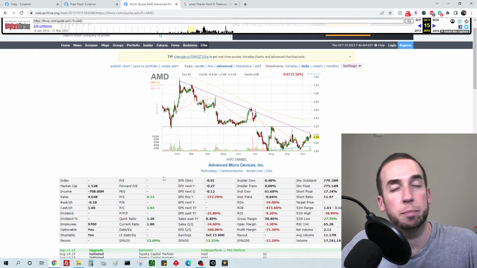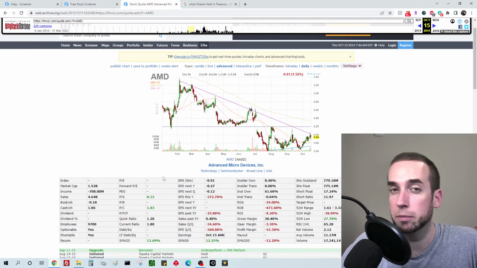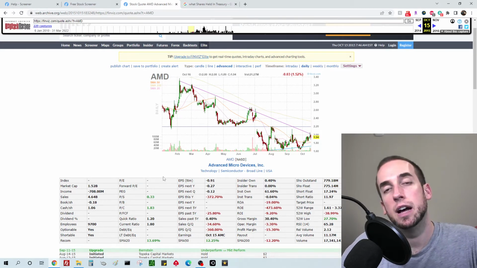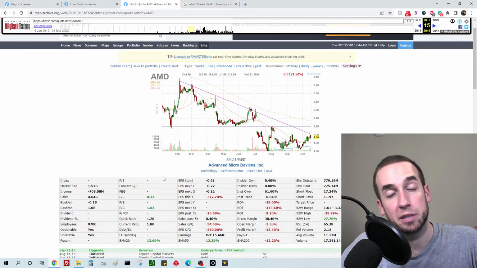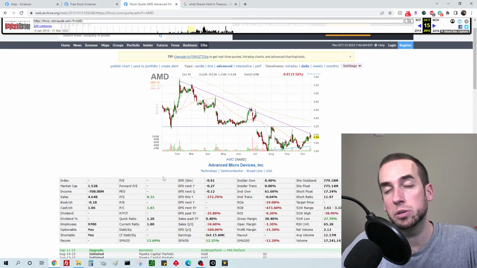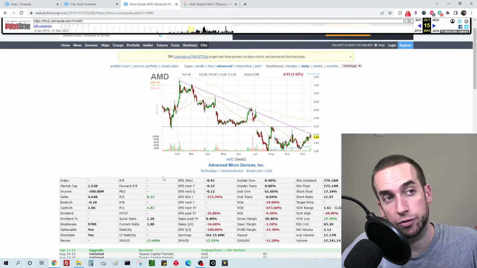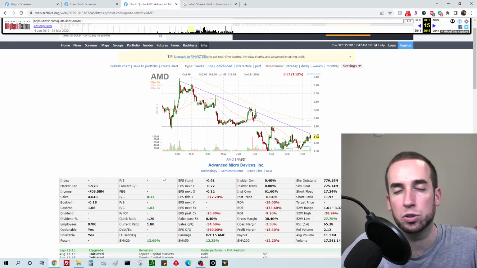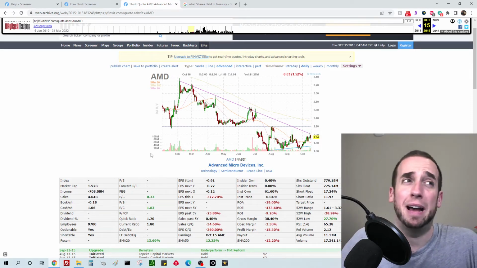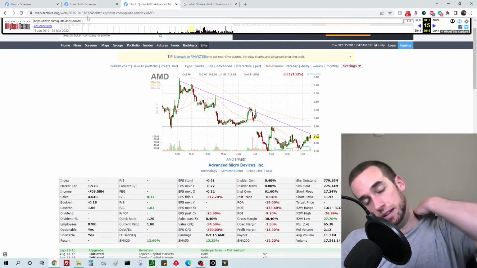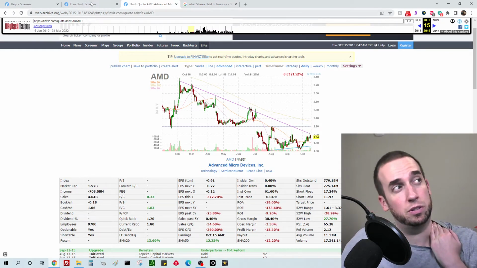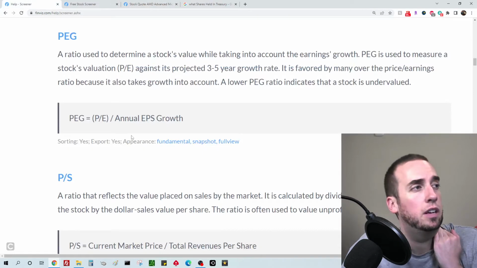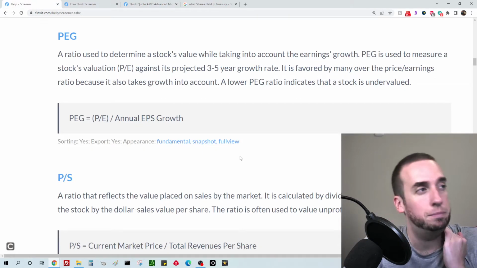If you search for the PE ratio or PEG ratio, you could be missing out on potential big names like AMD. So I prefer to not use those in the screener. You can feel free to do it. The PEG ratio is more of a Warren Buffett old school type thing. It's not a bad thing, but I don't think it's commonly used for current valuations. You will see it from time to time.